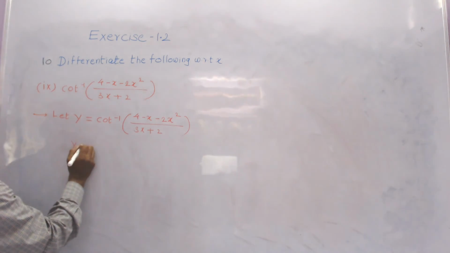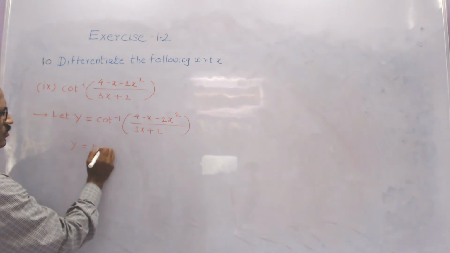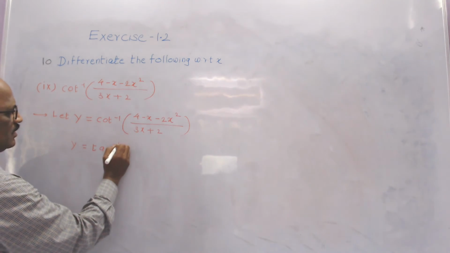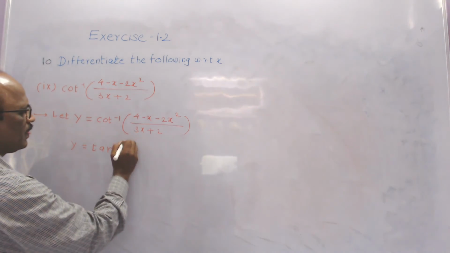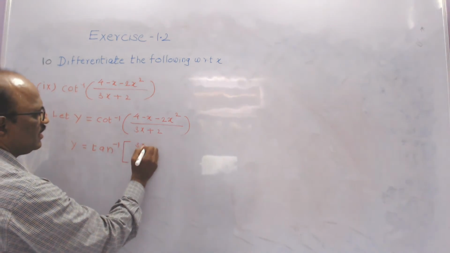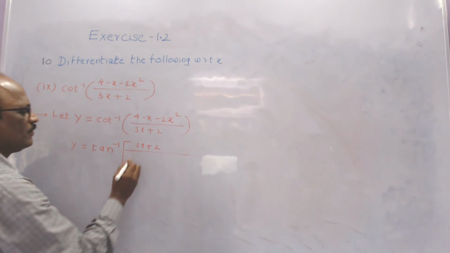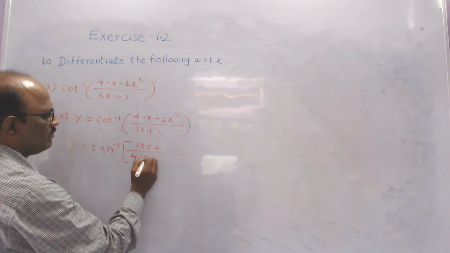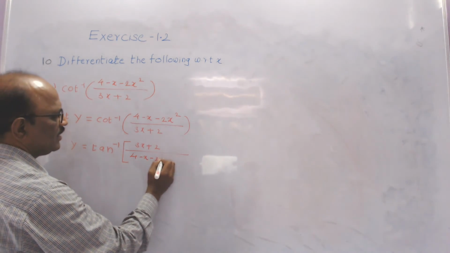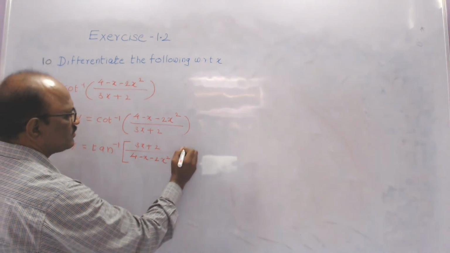Therefore again y equals, we can write here, tan inverse of (3x plus 2) upon (4 minus x minus 2x square).